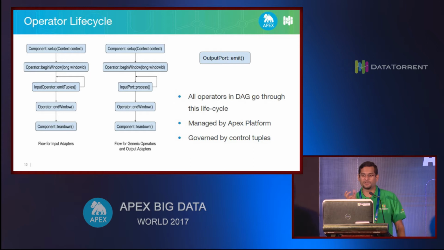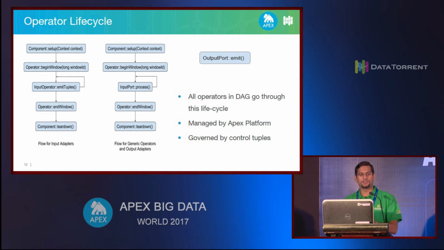So it has to have a unit on which the data is managed, and that is what we call a window. When the window of an operator starts, beginWindow gets called. When the window ends, endWindow gets called. And every time an operator receives data, a method called process is called.